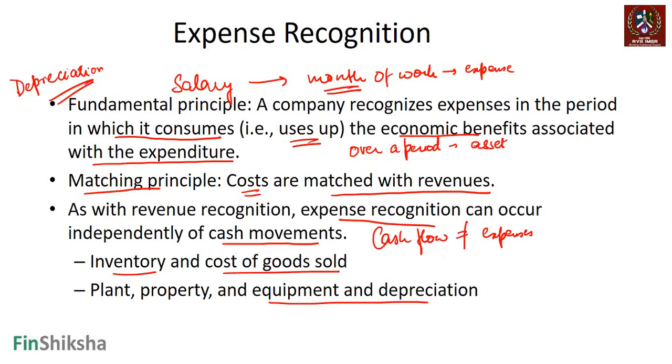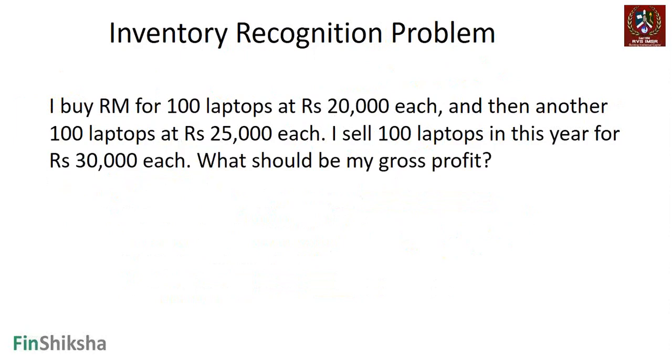So broadly, that's the crux of how you go about looking at and booking depreciation. One of the other key parameters that comes under recognition of expenses is inventory recognition or raw material cost recognition.